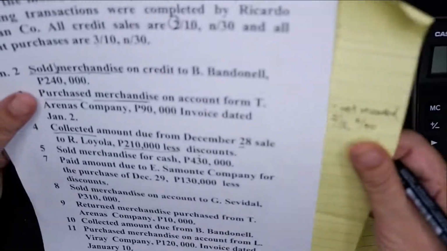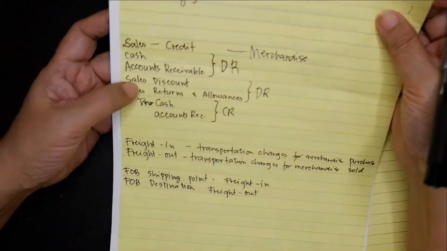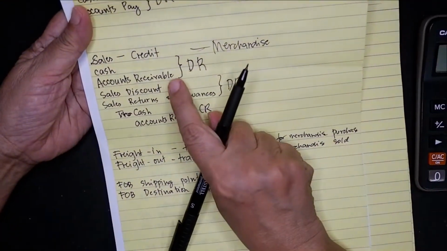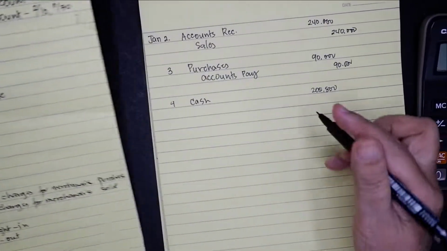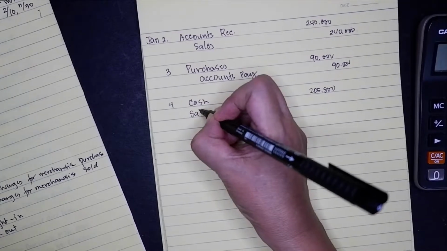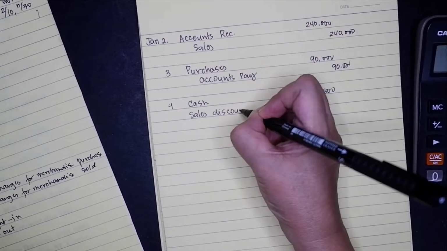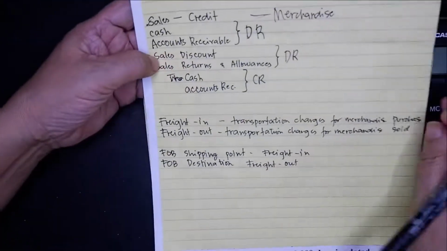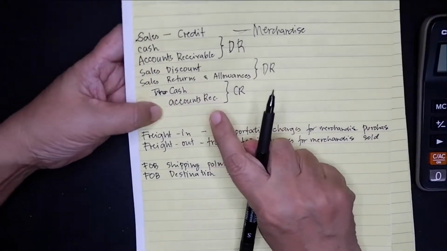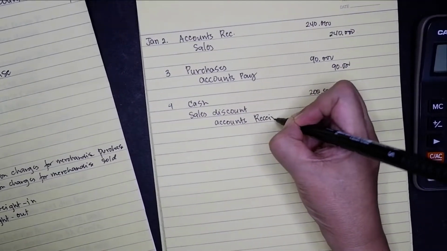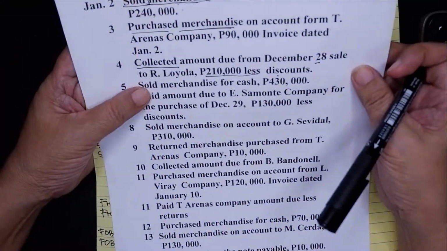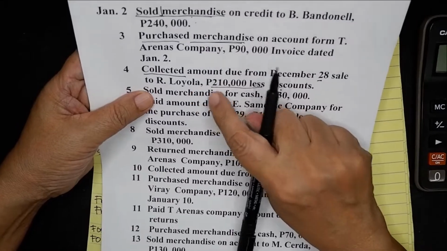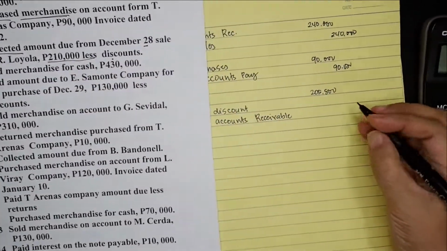Then we have sales discount. Our sales discount is on the debit side. So we have debit sales discount and credit accounts receivable. How much is our accounts receivable from R. Loyola? That is 210,000.